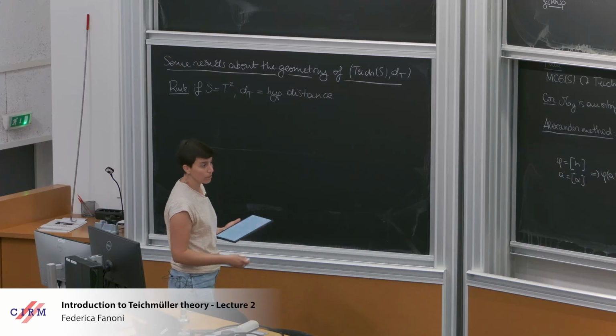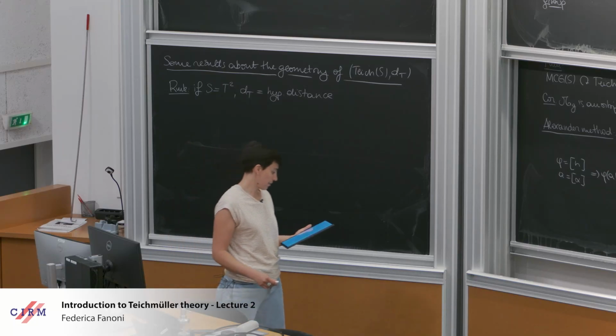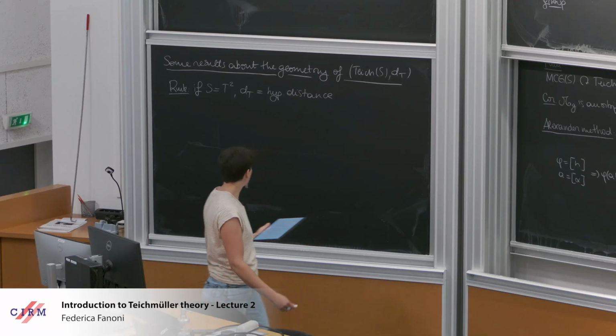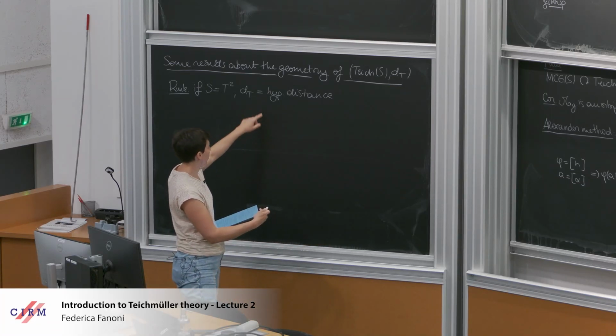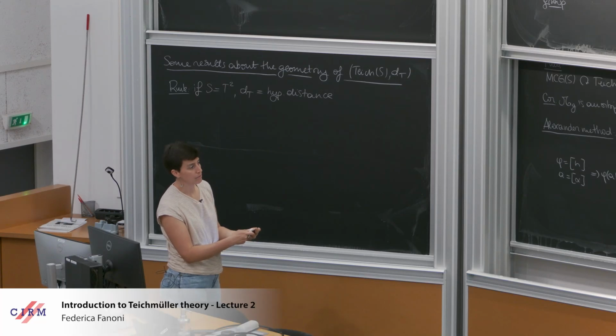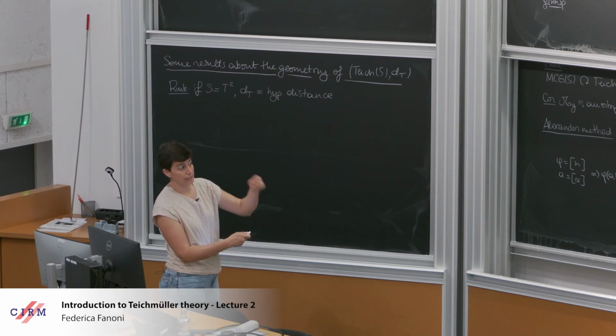Okay, so the first thing I wanted to tell you is the fact that this distance, this infimum, is actually realized by some map. It's actually going to be needed if you want to prove this result, or at least it helps in proving that result.